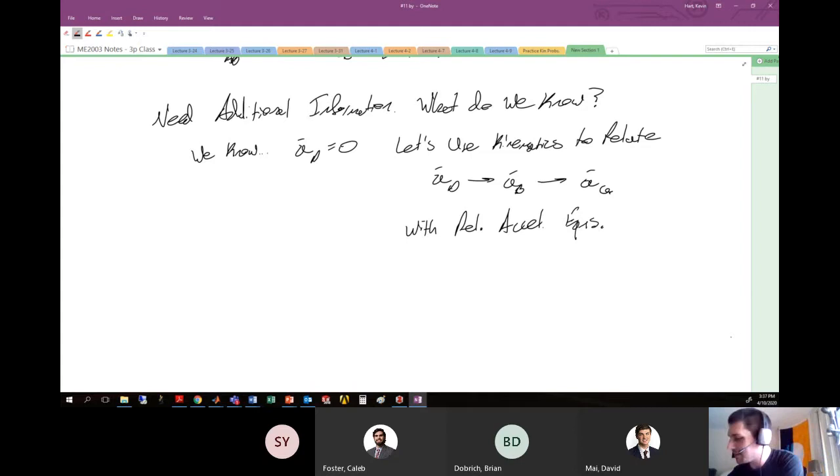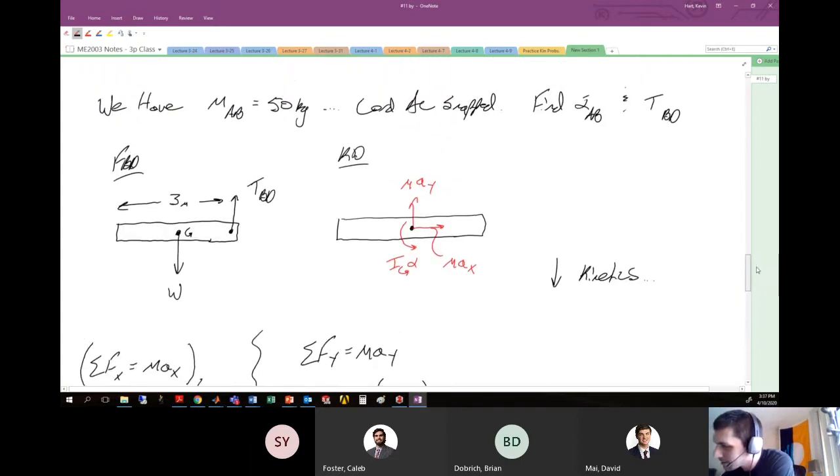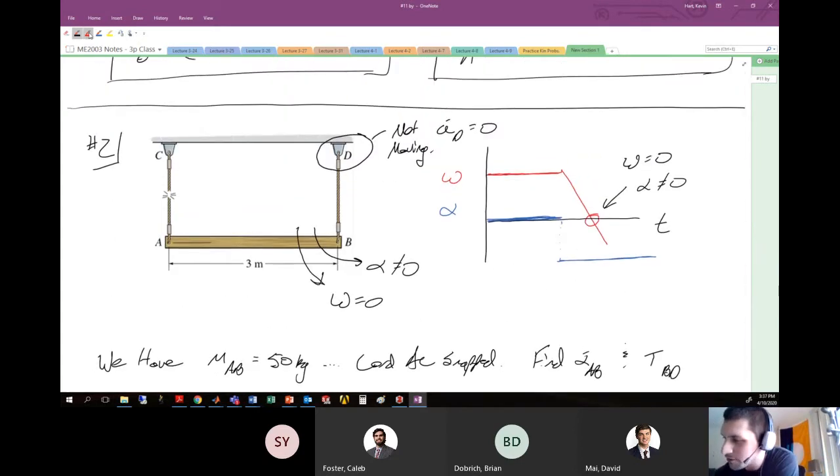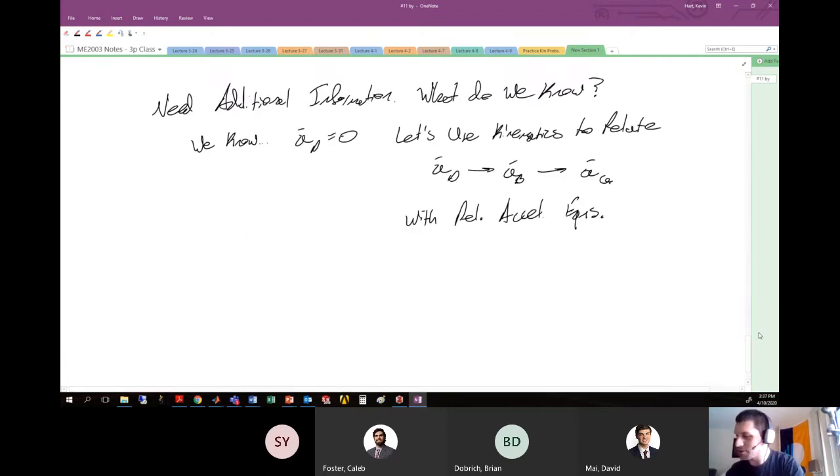So let's talk about the tension in the wire BD. We're going to relate information at point D to information at point B. We're going to assume that the wire is taut through the entire procedure.